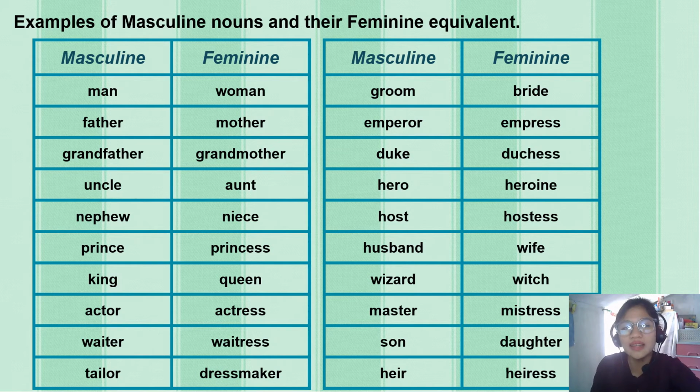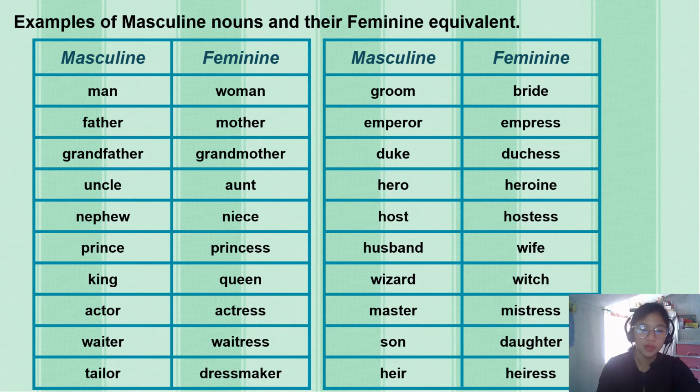Okay? So these are all masculine nouns. The first column, we have masculine nouns. These are all masculine nouns. So when you say masculine noun, the nouns that are referring to male. Okay? They are all referring to male. While feminine nouns are what we call nouns that are referring to only female.